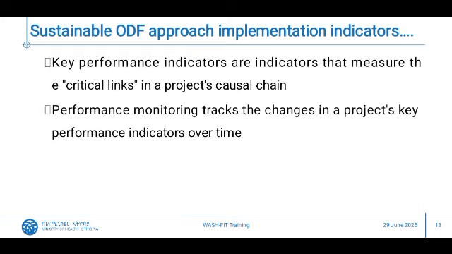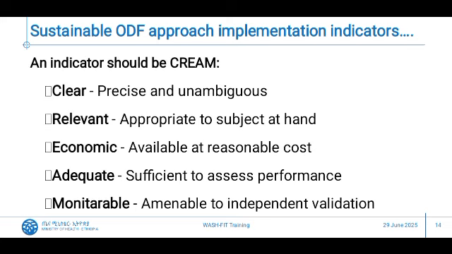Key performance indicators are indicators that measure critical links in a project's causal chain. Performance monitoring tracks the changes in a project's key performance indicators over time. An indicator should be CREAM.